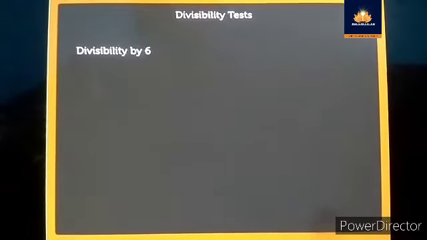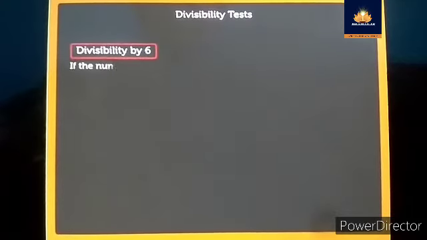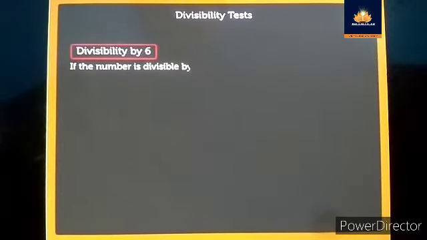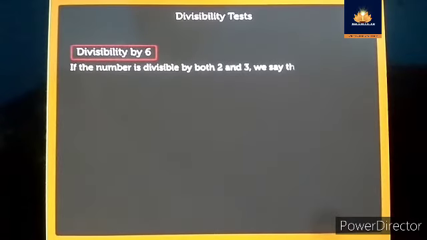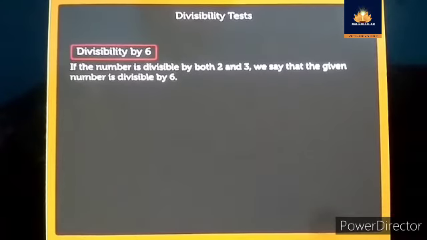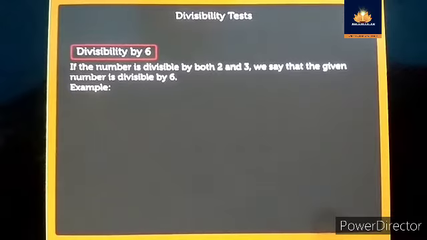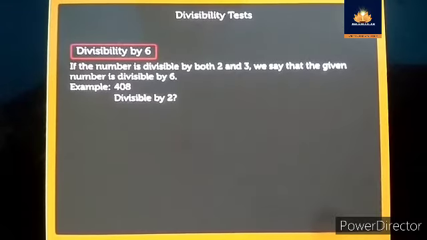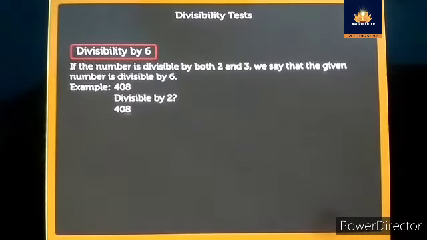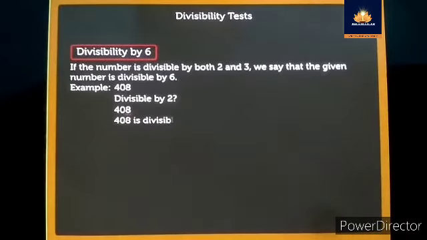Divisibility by 6. If the number is divisible by both 2 and 3, we say that the given number is divisible by 6. Look at this example, 408. Is it divisible by 2? The number 408 ends in 8, thus it is divisible by 2.